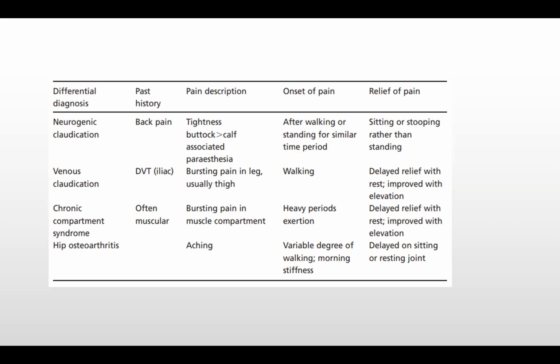There will be delayed relief of pain with rest, and the pain will relieve on limb elevation. In osteoarthritis, the patient presents with pain immediately on the first step, described as an aching type of pain, and it is usually of variable degree, worse in the morning.